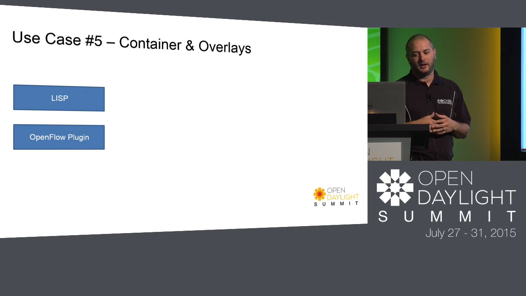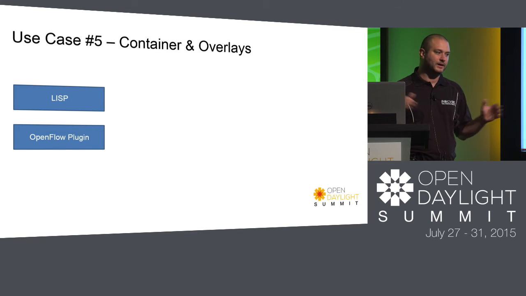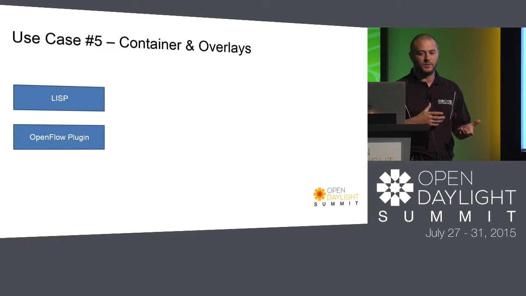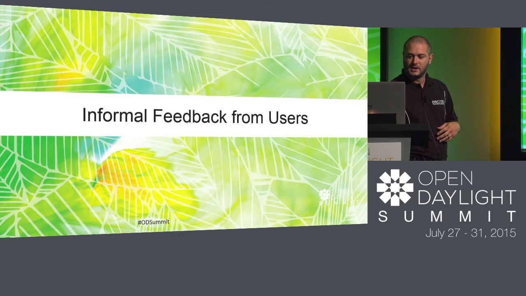So if you have a massive environment, LISP is very similar in method to what Google uses internally, but Google does IP-on-IP encapsulation with tricks and non-standard things. It's the same concept in how you manage a large container farm in order to address the different things.